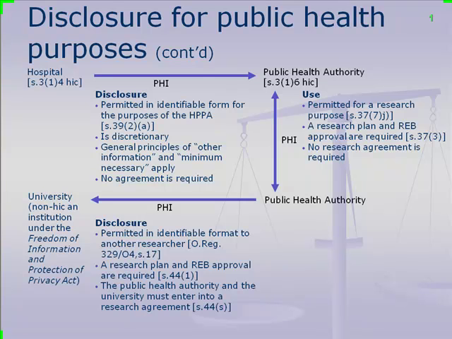So say there was a breach at the university end, and there would be a research agreement between the Public Health Authority and the university. It's going to be the university, because that's a disclosure between the Public Health Authority and the university for research purposes. So that's going to sit on the university's head in that particular case.